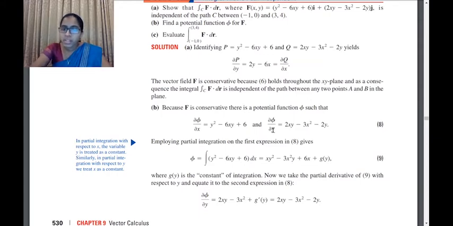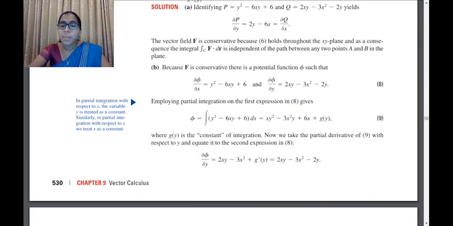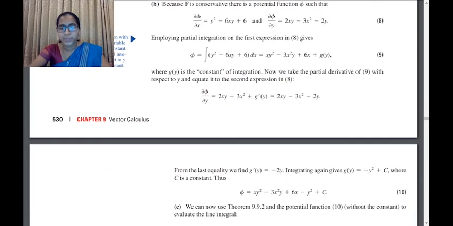Now we already know what ∂φ/∂y is. That is 2xy − 3x² − 2y. So we will compare these two. That is, 2xy − 3x² + g'(y) = 2xy − 3x² − 2y. So from these two equations, what do we get? We get g'(y) = −2y.